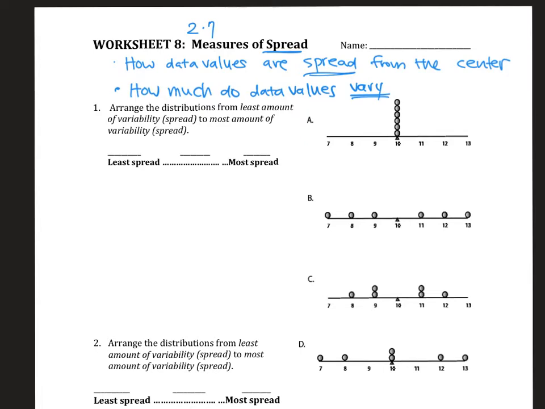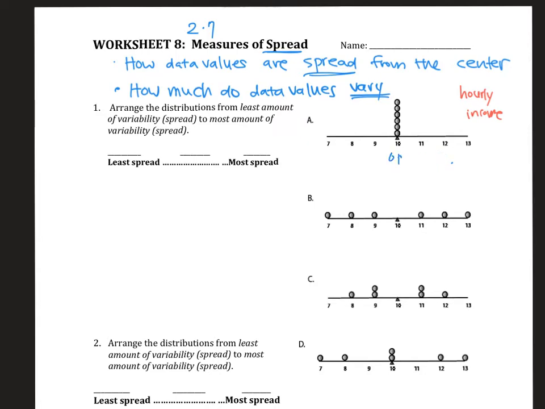So imagine these are people's hourly income. Each dot represents a person. If you look at example A, there are 1, 2, 3, 4, 5, 6. There are 6 people. I can see 6 dots on top of 10.